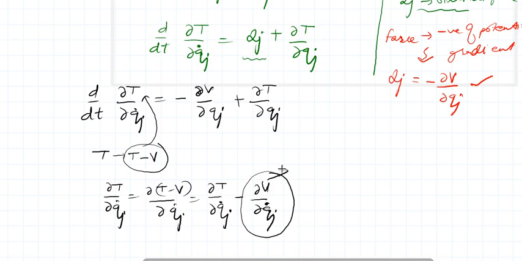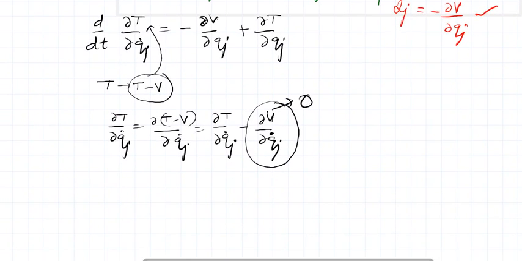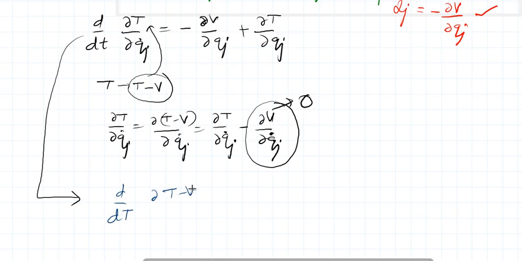So this term will be 0. So if I use this little trick here, then this equation can be rewritten as d upon dt of ∂(T − V)/∂q_j dot, right? It is simply a mathematical trick, nothing else.